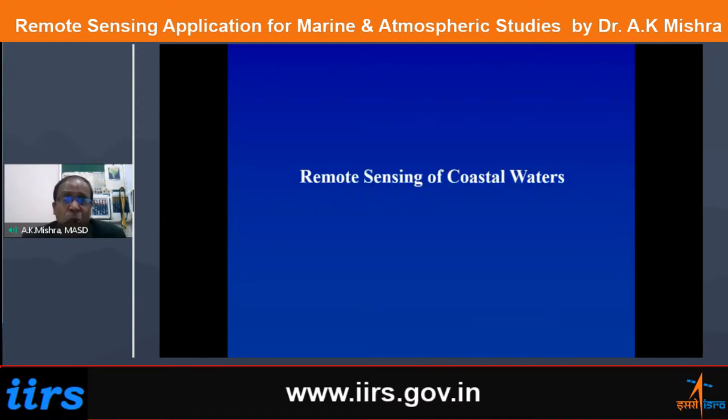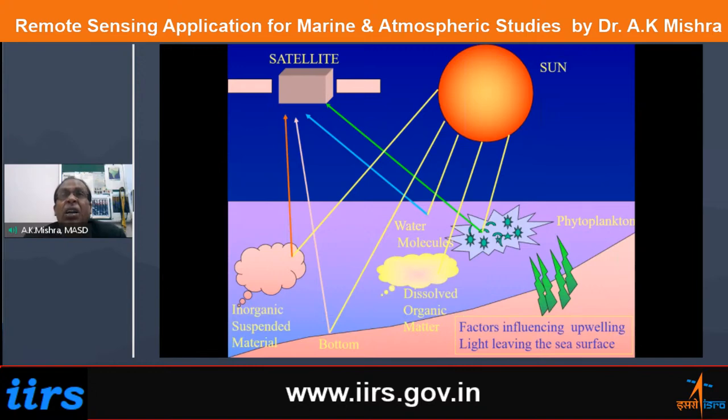Then coming to remote sensing of coastal waters. Coastal waters are normally optically complex waters because diverse substances are found in the coastal water whose optical properties are less known and not studied much.